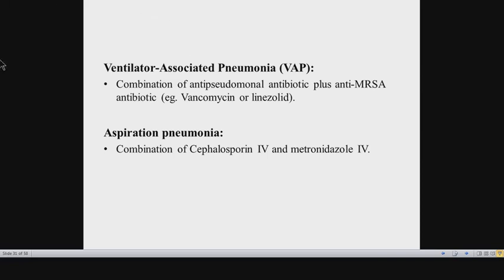Then we have a special type of hospital-acquired pneumonia which is called ventilator-associated pneumonia. This is a type of pneumonia which develops in patients who are connected to mechanical ventilators, more than 48 hours after connecting the patient to the ventilator.